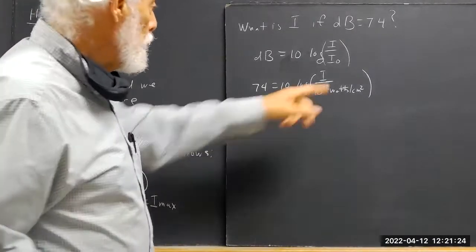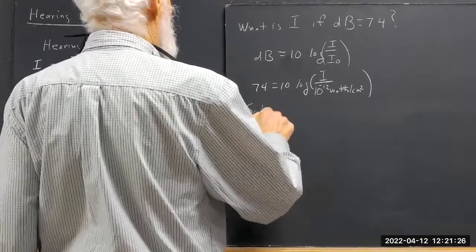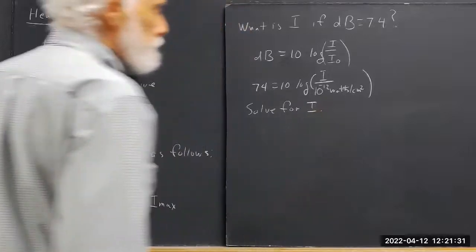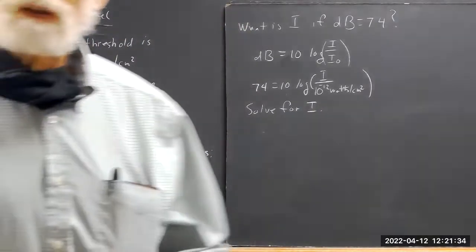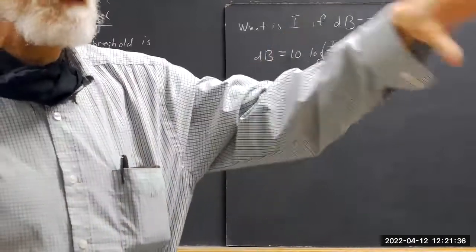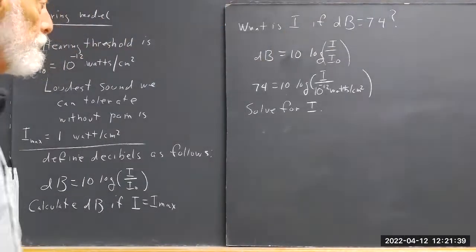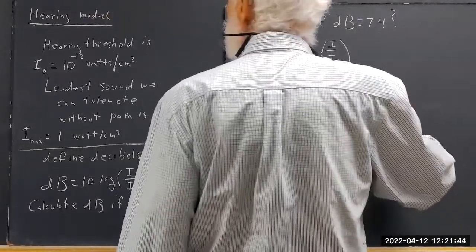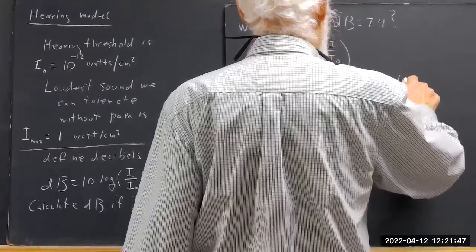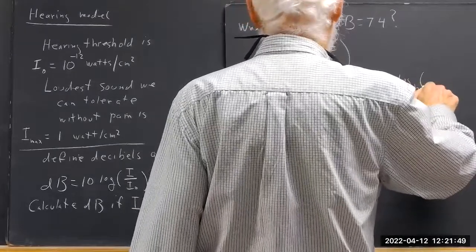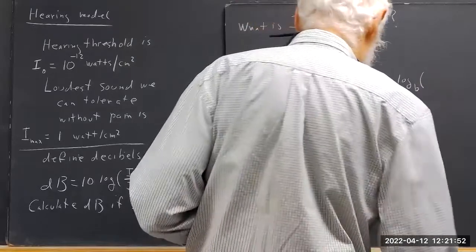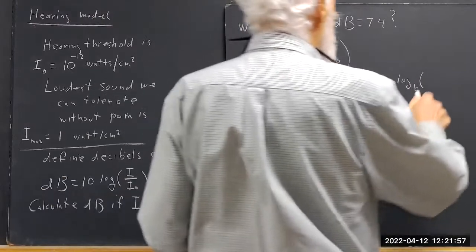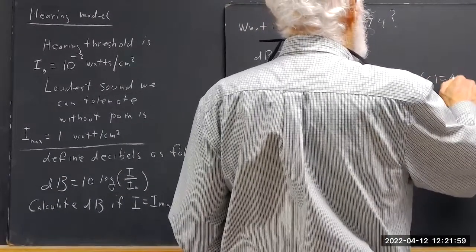Now I've got to solve that for I. Well, at this point, I've got to know how to translate logarithmic form to exponential form. To solve for I, I want this in the form of log base b of c equals a.